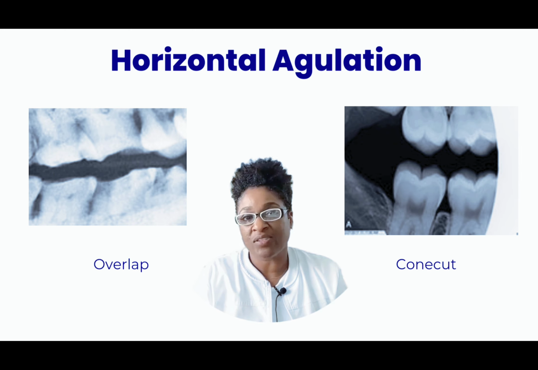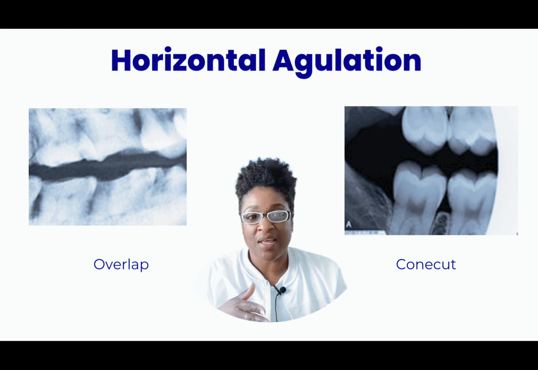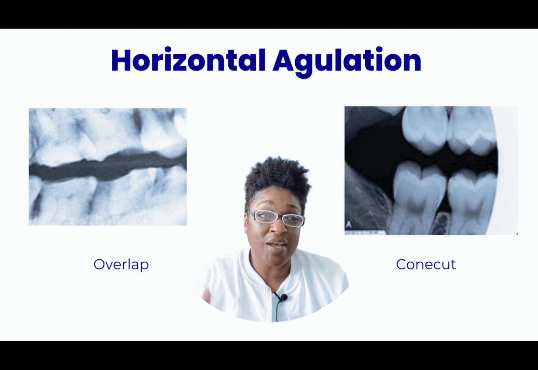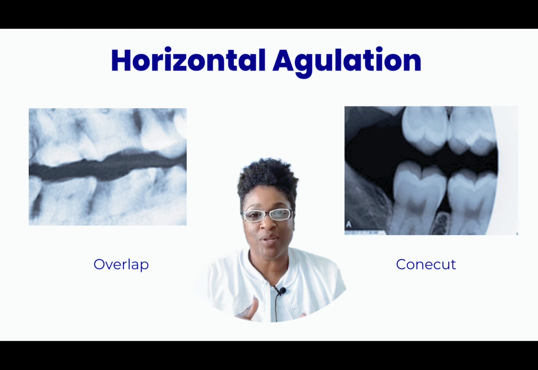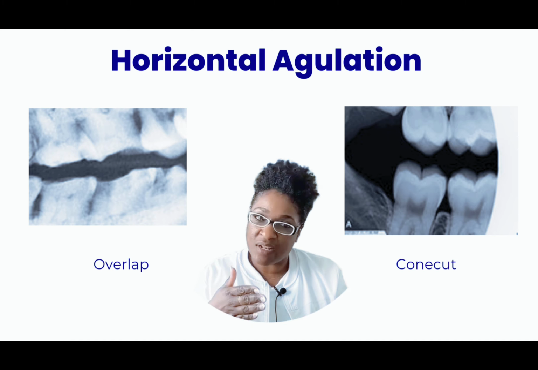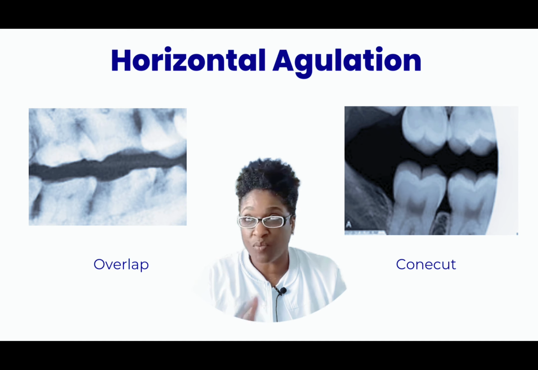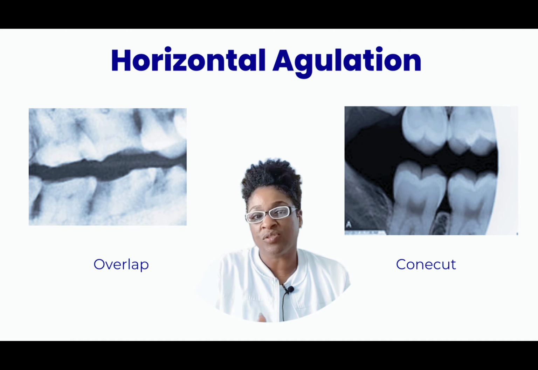We call that the central ray, and that central ray needs to be going in between the teeth. And you might say, well, how the heck am I supposed to know that? Okay, that's what they teach. But that central ray needs to go between the teeth, and if it's not angled properly interproximally, between means interproximal, then it's going to result in overlap.